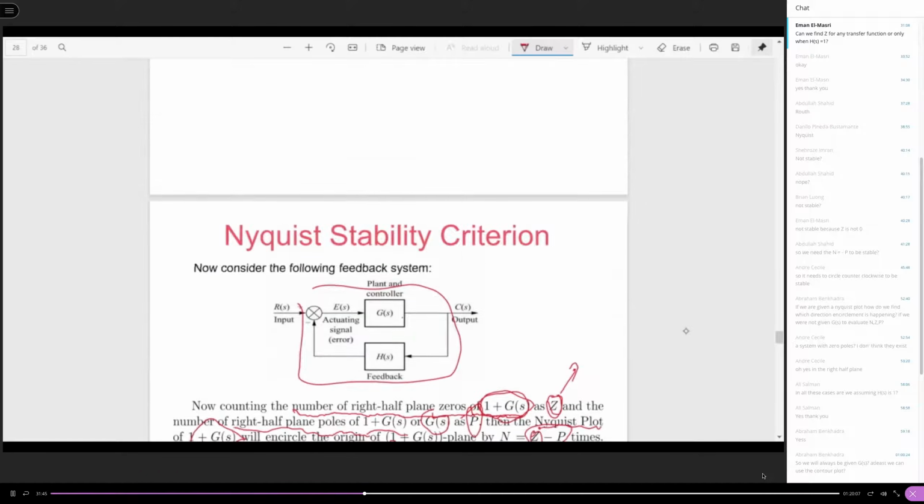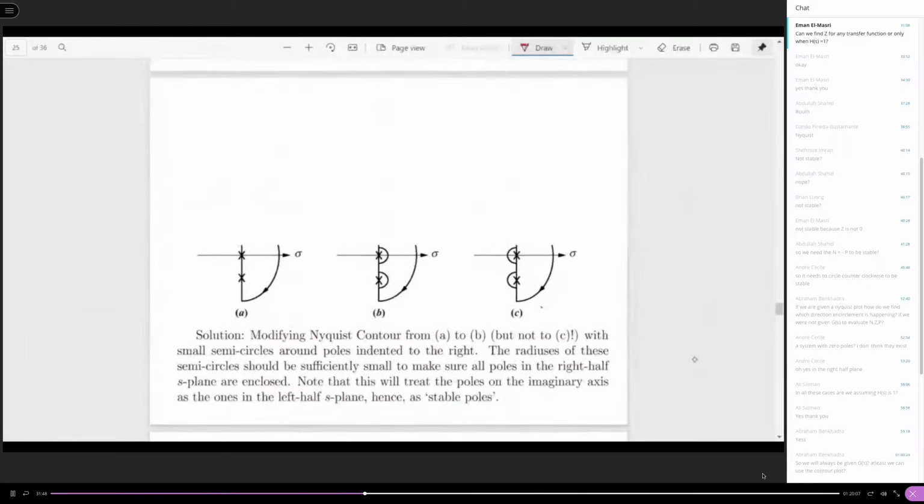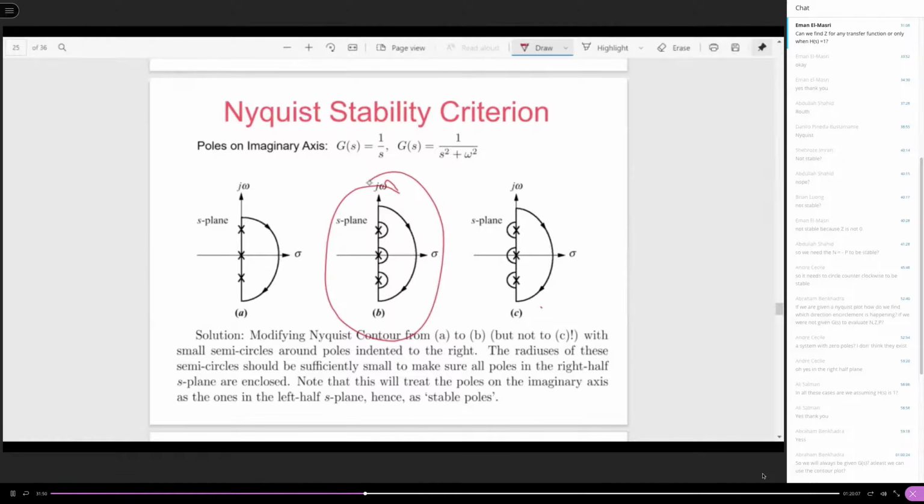But the poles on the imaginary axis, remember we said that we're going to use the modified Nyquist contour to evaluate the Nyquist plot. As long as you use the modified Nyquist contour, all the facts that we stated later hold. Because when we use the modified Nyquist contour, we exclude all the imaginary axis poles to the left.